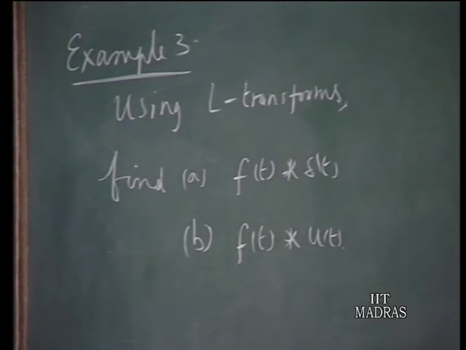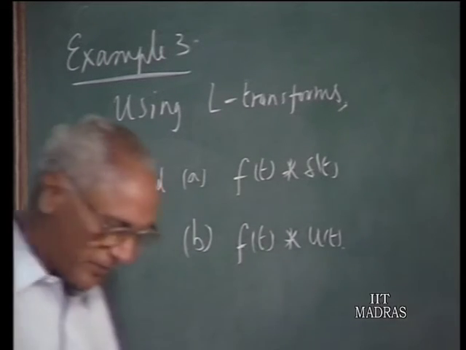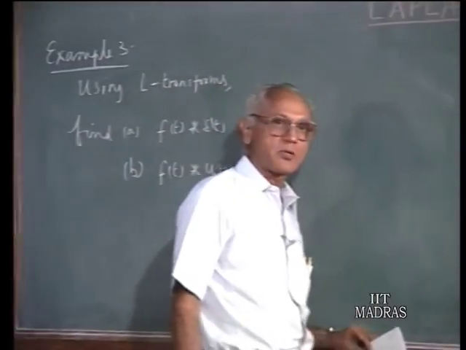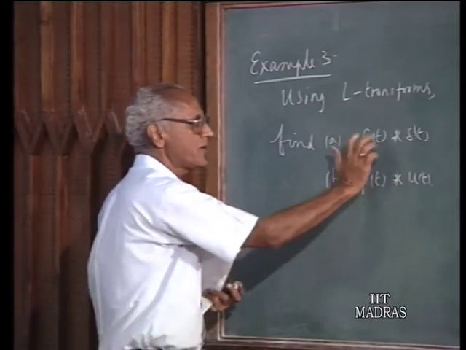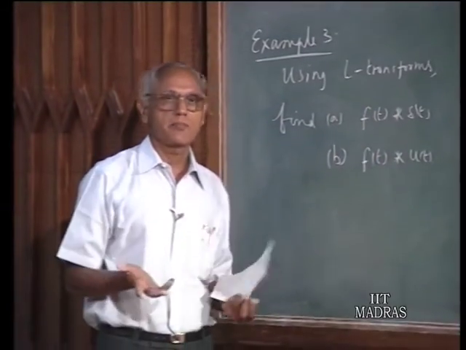If you recall, the results we already know. When we talked about the convolution property in the introductory lectures, we said whenever a function is convolved with delta t, that function reproduces itself.